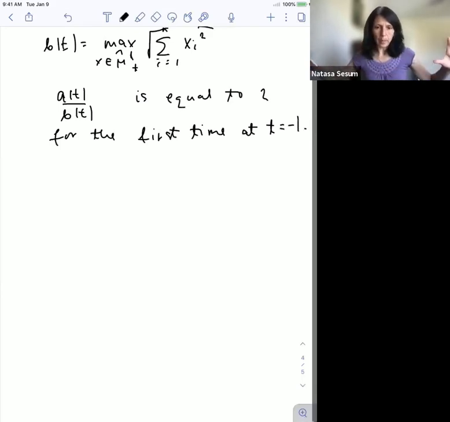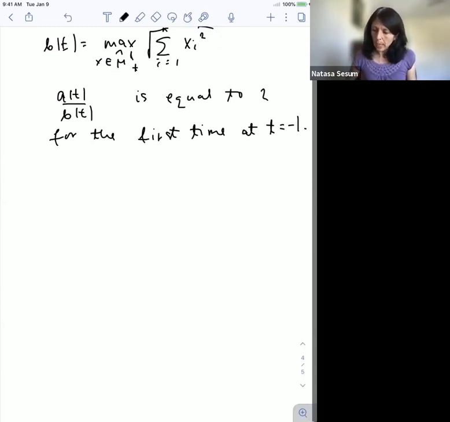Because you start with something which is very elongated, initially this ratio can be made arbitrarily big, but as t approaches 0, your flow converges to a sphere, and this ratio converges to 1. So in between there will be some time at which this ratio is equal to 2, and you rescale your flow so that the first time at which it becomes 2 is t equal to -1.